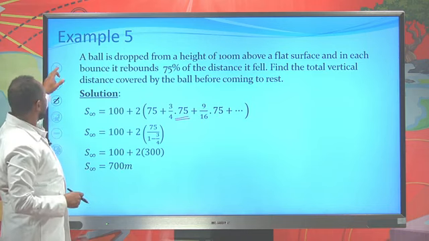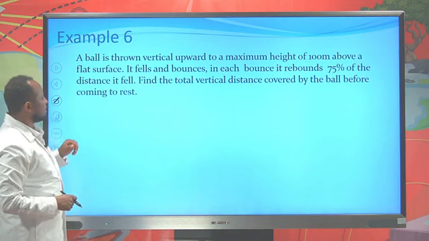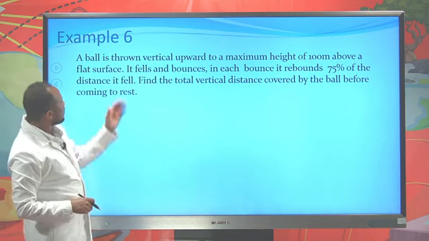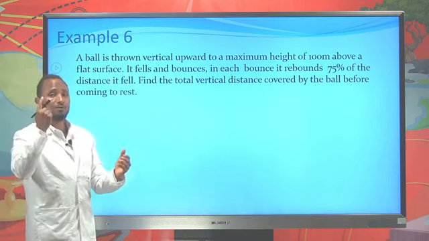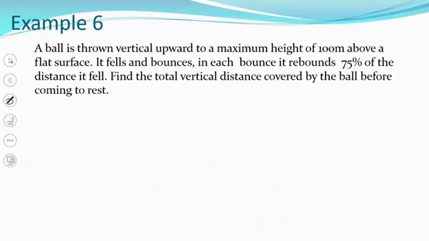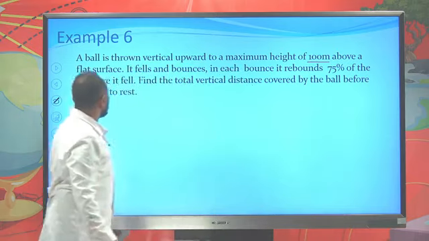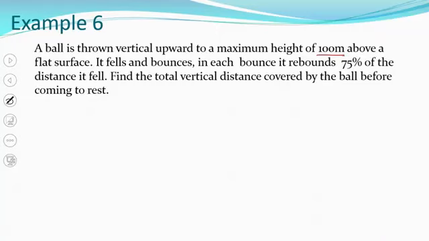Now let's see one last example for this. Here a ball is thrown vertically upward. In this case, it's not falling, it's moving up. A ball is thrown vertically upward to a maximum height of 100 meters above a flat surface, and it falls and bounces.